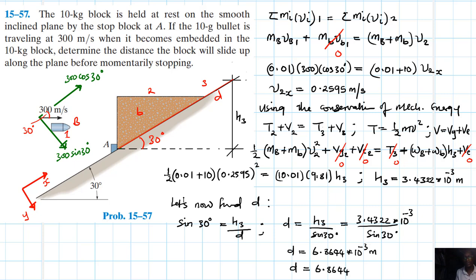Can we just write it to 2 decimal places. Right, so this is the distance that the block is going to slide up along the plane before it momentarily comes to a stop.